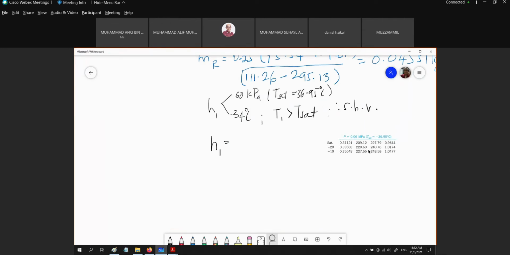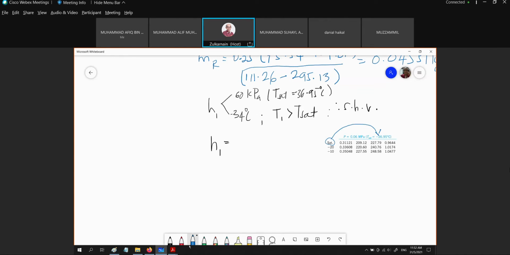So guys, right now, where do we need to interpolate? Where is minus 36? This is the T set, right? Minus 36. So now the T set value is this value. Okay? That is the value.